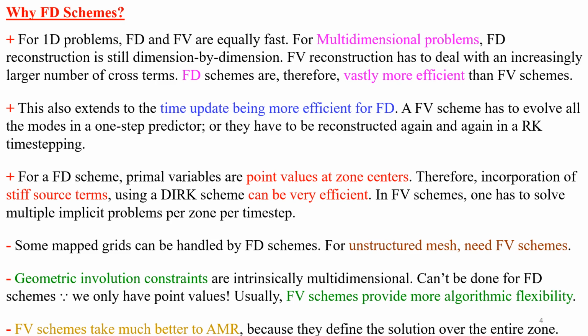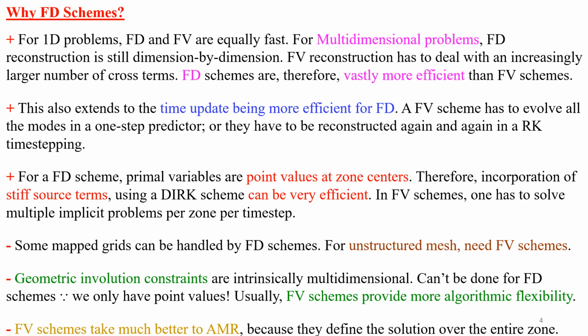This advantage also extends to time stepping, in the sense that if you're doing any sort of Runge-Kutta update, then at each stage in your Runge-Kutta update, you will have to reconstruct all these extra cross terms, and that will actually add further to the cost.